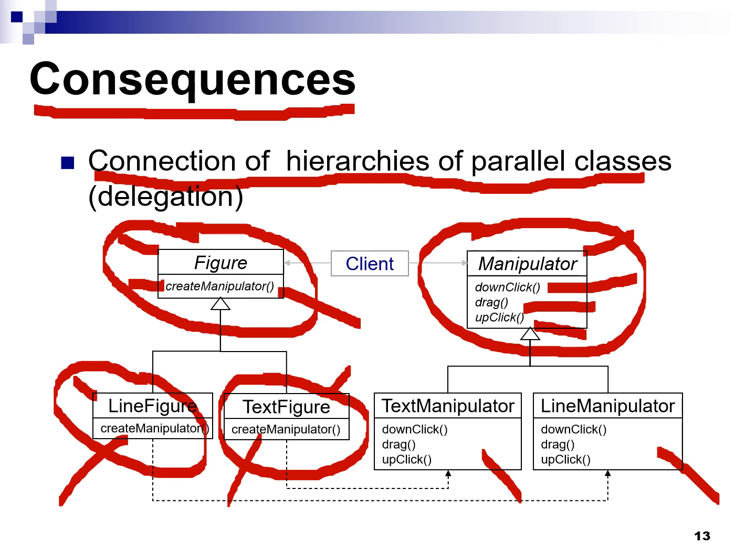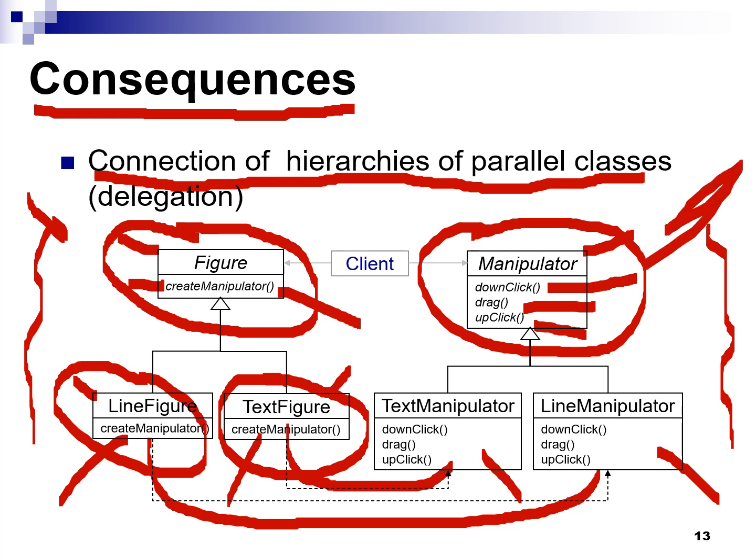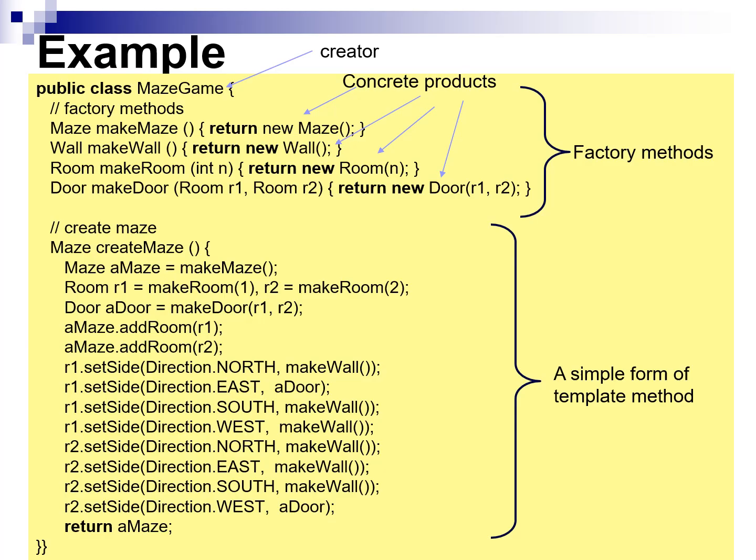In this way, a line figure will create a line manipulator and a text figure will create a text manipulator. So you see that we have two parallel hierarchies, one with the products here and the other with the creators here.